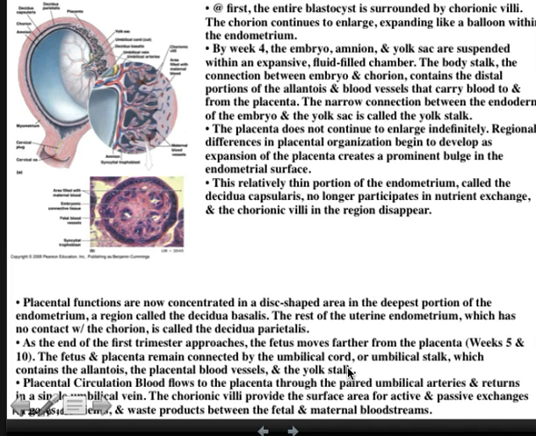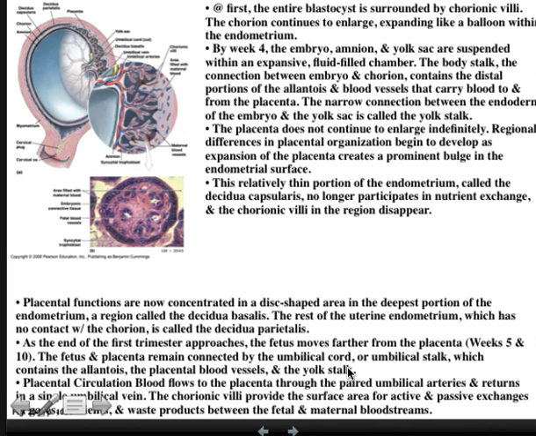The placenta doesn't continue to enlarge forever. Regional differences in placental organization begin to develop as the expansion of the placenta creates a prominent bulge in the endometrium. The thin portion of the endometrium, called the decidua capsularis, no longer participates in nutrient exchange, and the chorionic villi in that region disappear because you don't need them anymore.